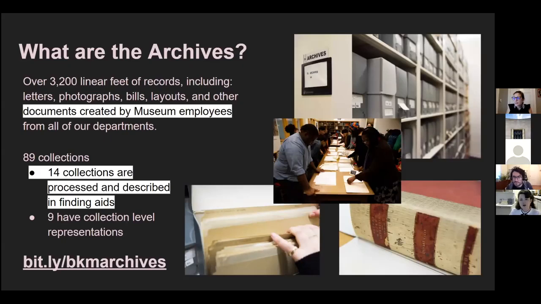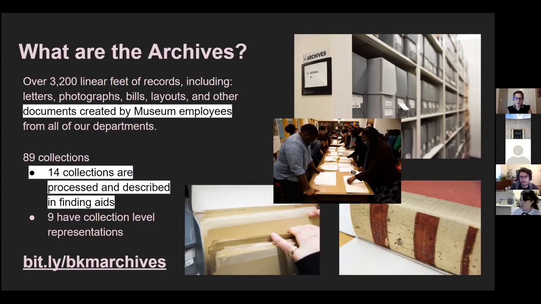The materials are organized in collections, which are a discrete group of records bound together by their source, material, or subject. Most of the processed collections, meaning worked on by an archivist, are curatorial records and curators' papers. Everything from general administration to exhibition planning documents.